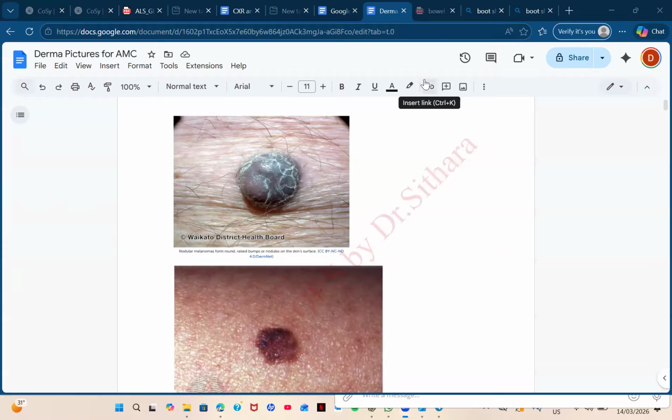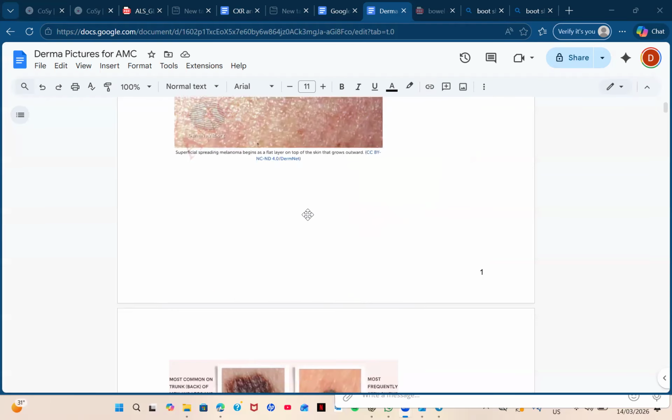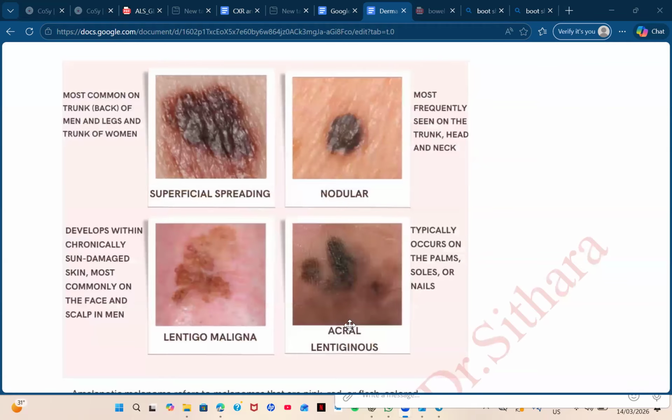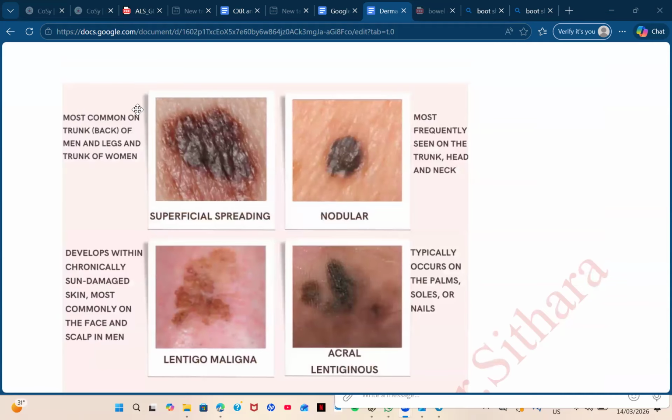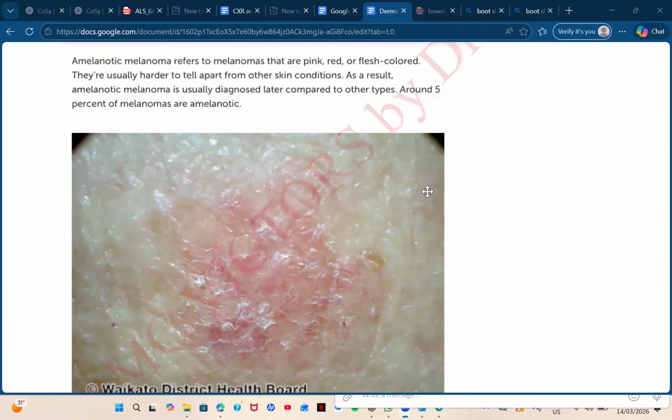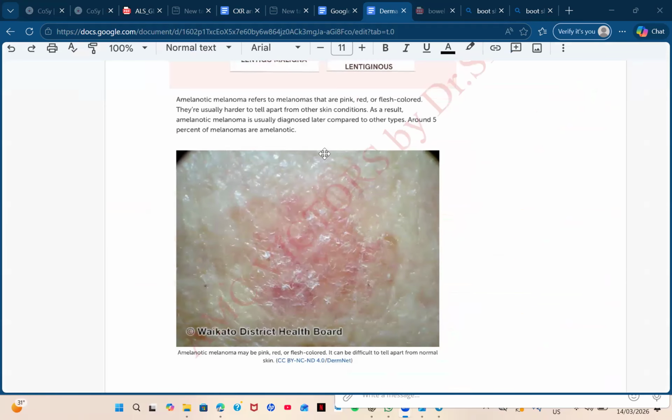Yes, we have nodular melanoma, superficial melanoma, lentigo melanoma, and acral melanoma. Superficial melanoma is the most common one. And we have amelanotic melanoma as well.